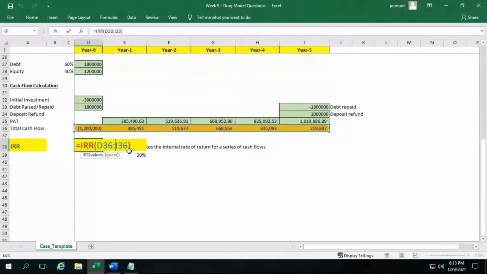Then still you are getting zero. Yes, sir. If I press enter, I'll get zero. Okay. You just take a snap of that and send me in the WhatsApp group. Let me check.